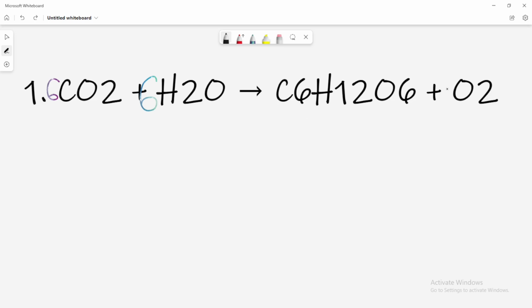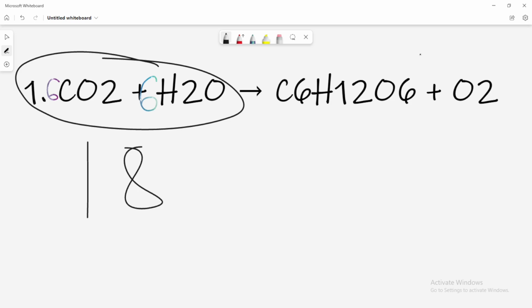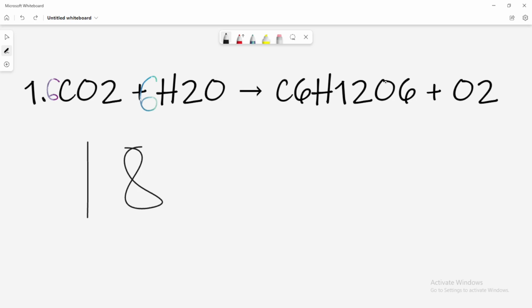So in order to go pair to pair with the 18 oxygen atoms of the left side, the right side has to balance itself out to make itself go from 8 to 18. So what number goes from 8 to 18? 8 plus 10 makes 18. We have to get that number by multiplying it with 2.